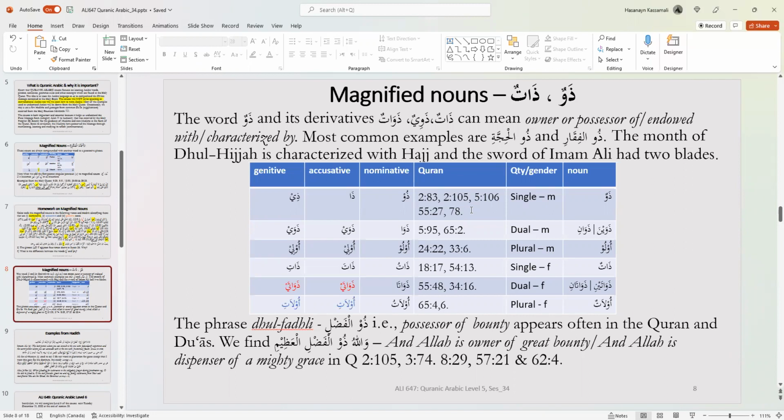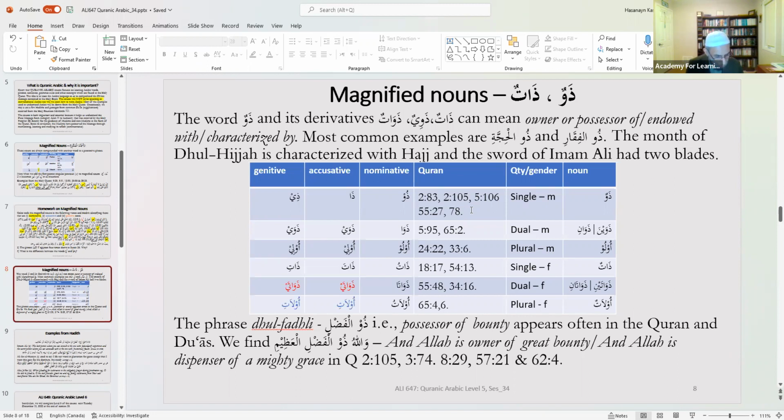Mudaf ilayh. Mudaf ilayh, how? It is the adjective of Rabb. Okay, like earlier we said, in ayat number 27, let us go back to ayat number 27.